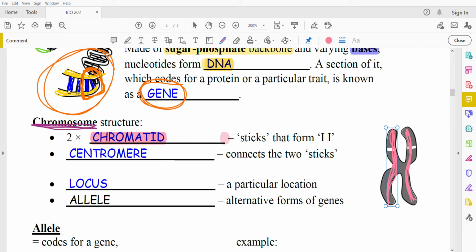Each chromosome is made of 2 chromatids, and these chromatids are held together by a structure known as the centromere. The centromere is the structure that holds the chromatids together. And I'm going to try to add that there.